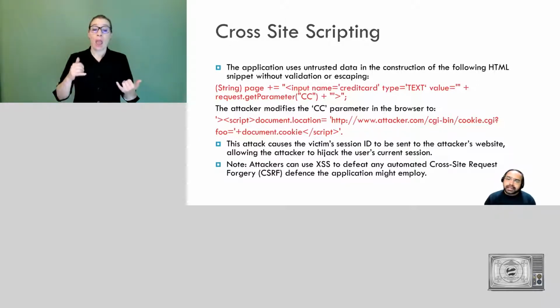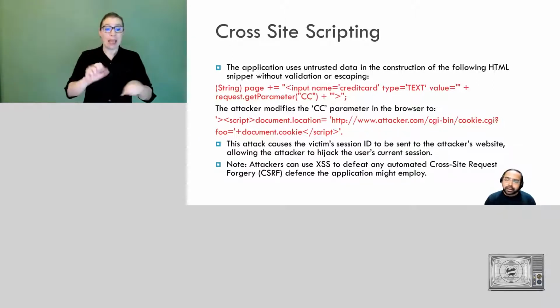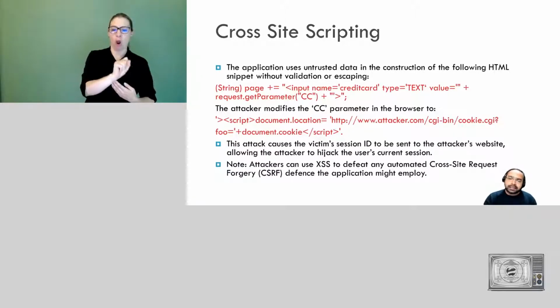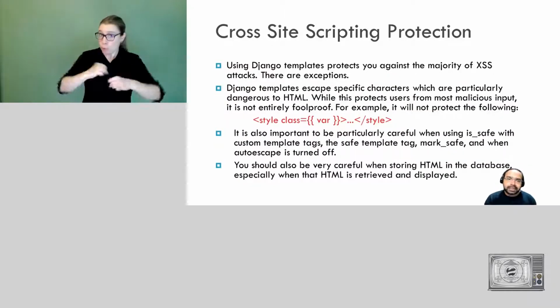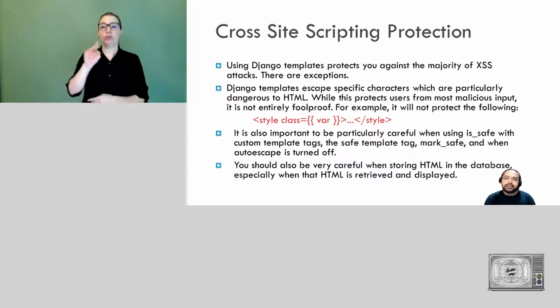Now, attackers can use XSS to defeat any automated cross-site request forgery defense the application might employ. The solution is to use Django templates, which by default protect you against the majority of XSS attacks. But there are some exceptions.